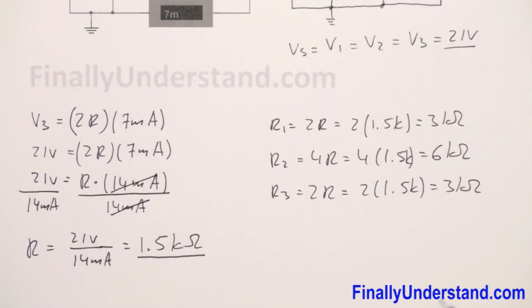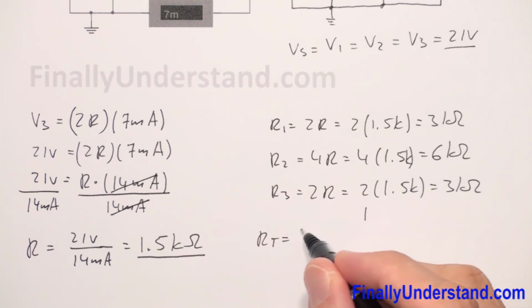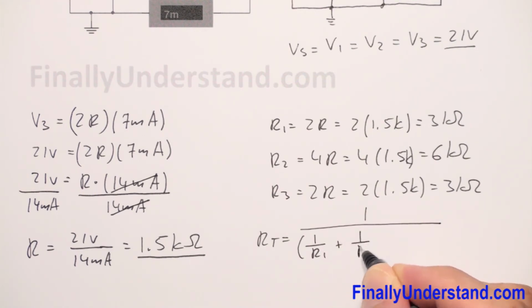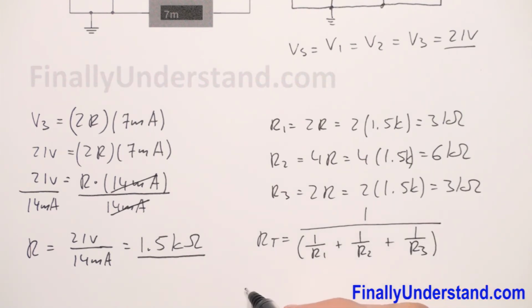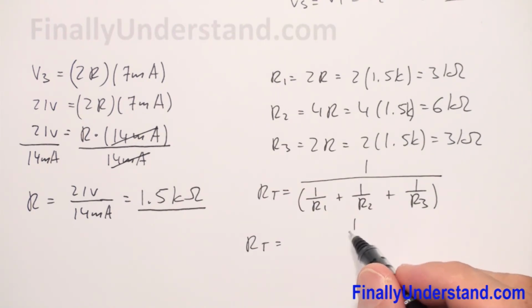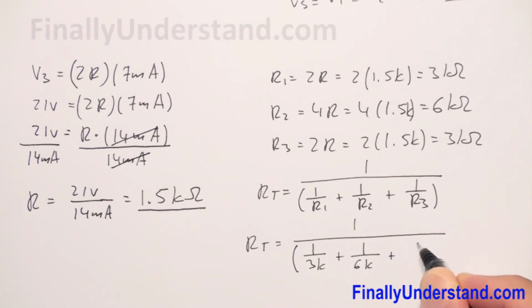Next, I can simply find the total resistance. So R total is equal to 1 over, open parenthesis, 1 over R1 plus 1 over R2 plus 1 over R3. Always write the formula first, always. So I have open parenthesis 1 over R1, which is equal to what? 3K, plus 1 over 6K plus 1 over 3K.